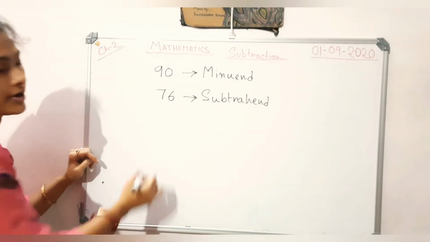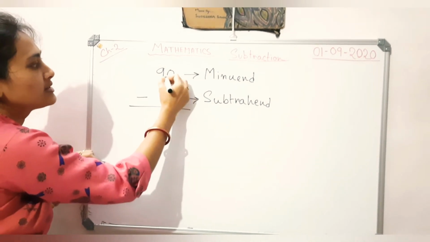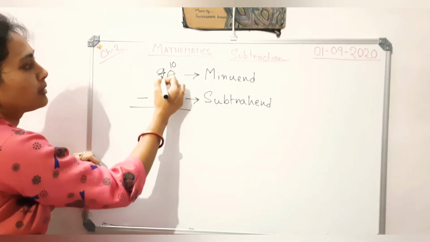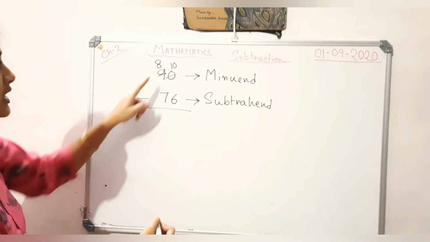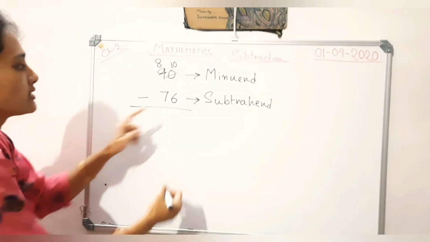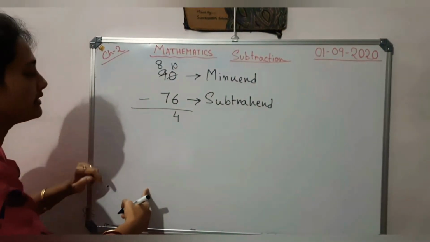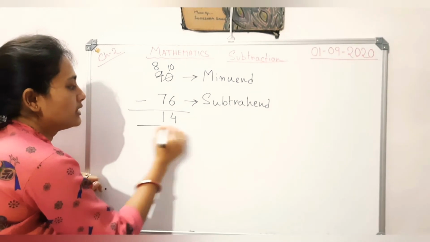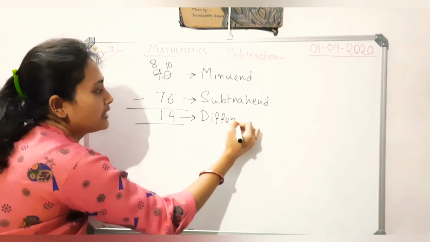I have to do subtraction. Simple. 0 means 10. From the beside number I am borrowing this one, that's why it will come as 8. Now from 10 I subtract 6, 4 is coming, and from 8 I subtract 7, 1 is coming. So my difference is 14. The answer is called difference.